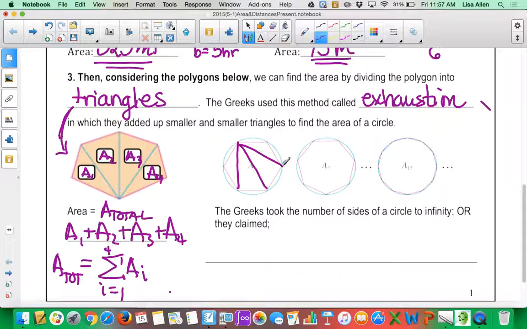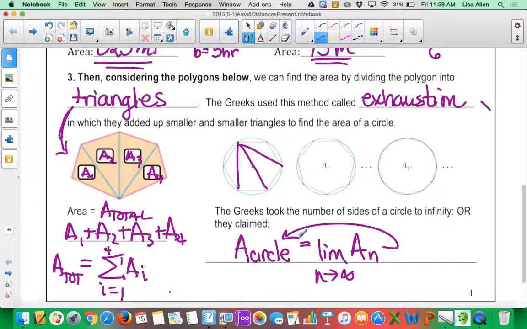And if the Greeks wanted to find the area for a circle, it would equal the limit as the number of triangles goes to infinity, or the number of sides, if they wanted to find the area for any polygon, goes to infinity. It would approach the circle.